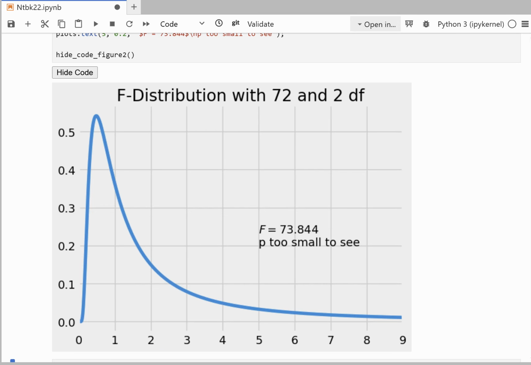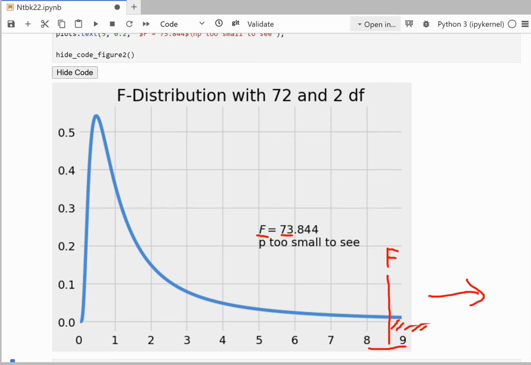And normally what we do is we would calculate the F statistic, then we draw a vertical line, and we would shade to the right of that vertical line where the F statistic is. But you see the F statistic is 73, and the largest values on my x-axis are 8 or 9. So this vertical line is like 7 or 8 computer screens over from the one we're looking at, right?